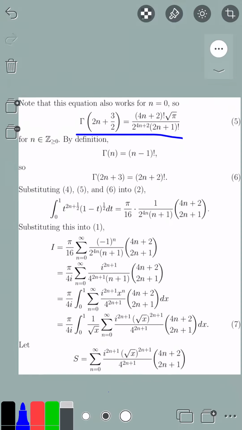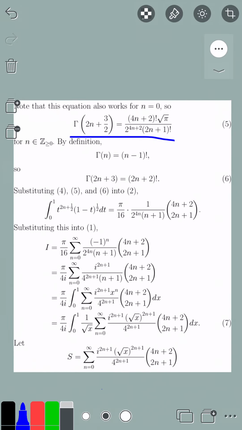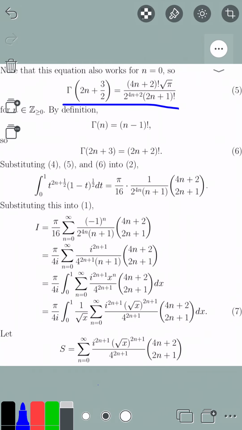So this equation also works for n equals 0. And so gamma of 2n plus 3 halves is equal to 4n plus 2 factorial times square root of pi over 2 to the power of 4n plus 2 times 2n plus 1 factorial for n larger than or equal to 0. For integer values of n, of course, not all real values of n.